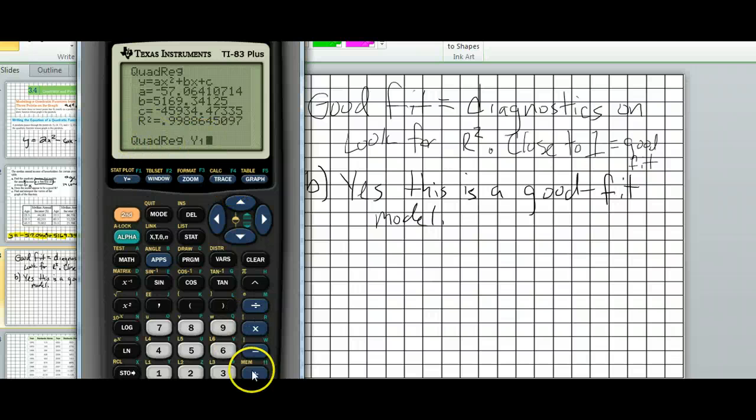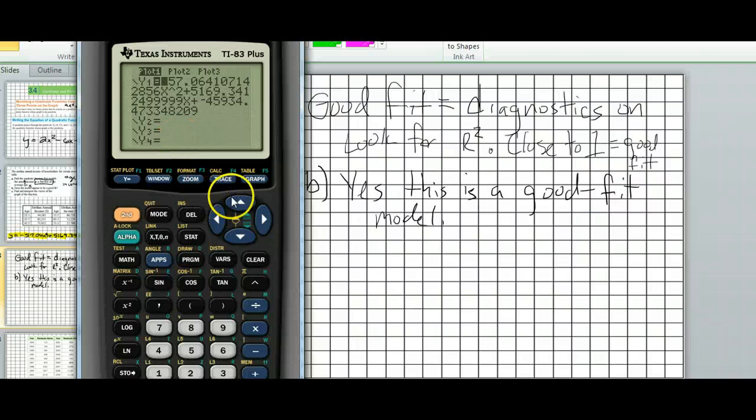Now it's sitting there waiting. I hit enter. It gives me the same thing as last time, but notice now in y1 I have that quadratic model. And now if I hit graph, you can see it's a very good fit. It virtually goes through every point, except it kind of misses this highest point here, this peak.